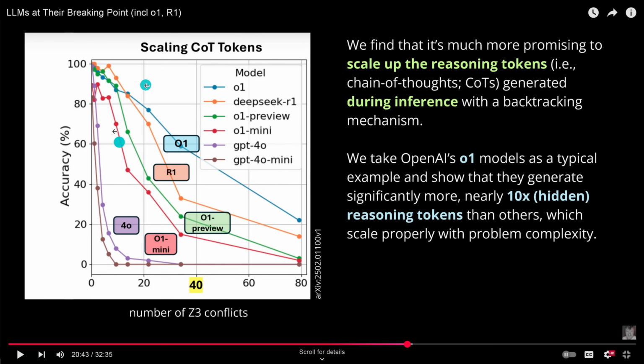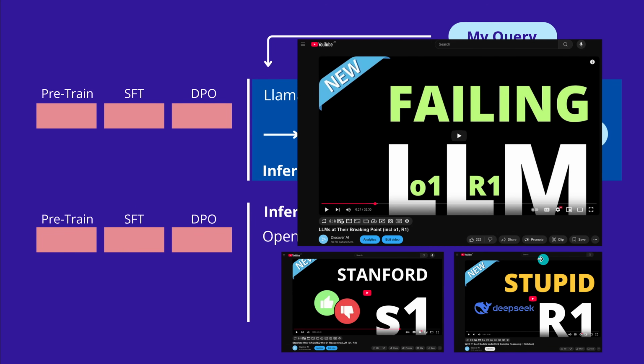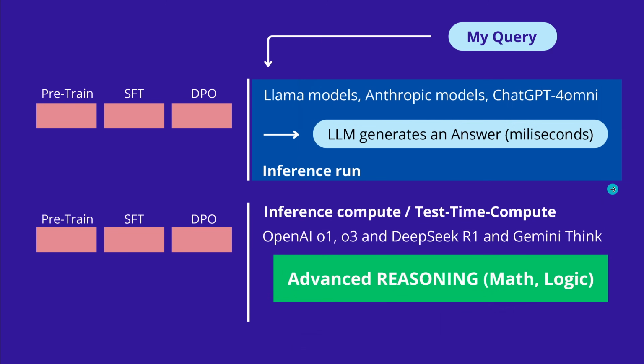And the O3 mini high would be real similar to the O1 performance. So we understood, okay, this is it if we scale up the reasoning tokens for the complexity. So we understand when to switch and move over to the reasoning LLMs.